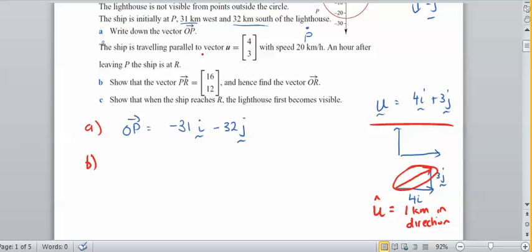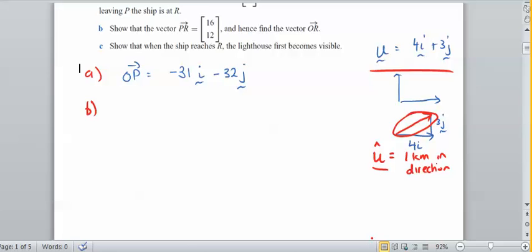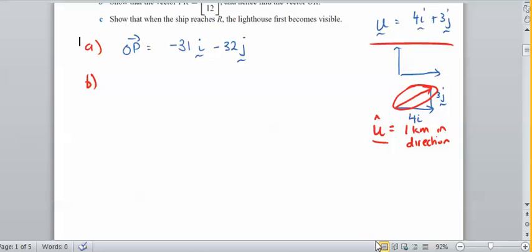The ship is traveling parallel to this vector with a speed of 20. So if the speed's 20, what's the magnitude of the unit vector? Come on, unit. 1. So the magnitude of the unit vector is 1, and 1 in terms of units is a kilometer. So to go 20 kilometers in that direction, we multiply: it's 20 times the unit vector.